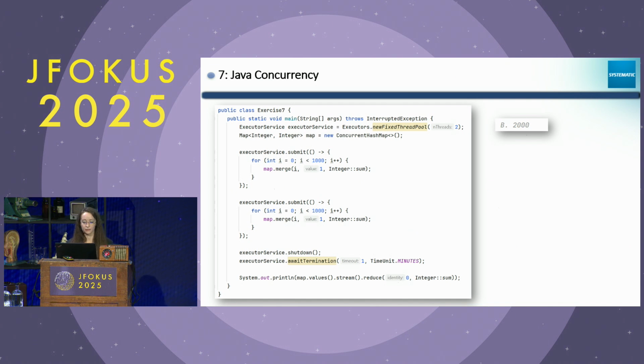After submitting both tasks to the executor service, it shuts down the service and waits for both tasks to complete with await termination. That is what I have used over there. So finally, it will print the sum of all the values in the map, and that output will be 2,000.